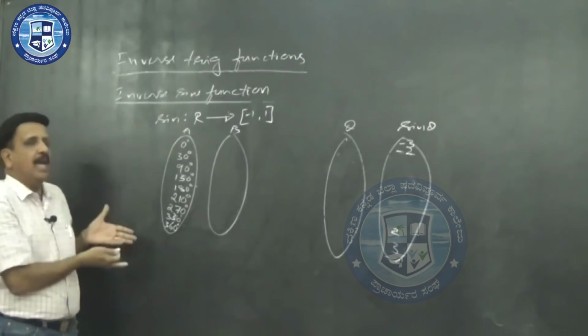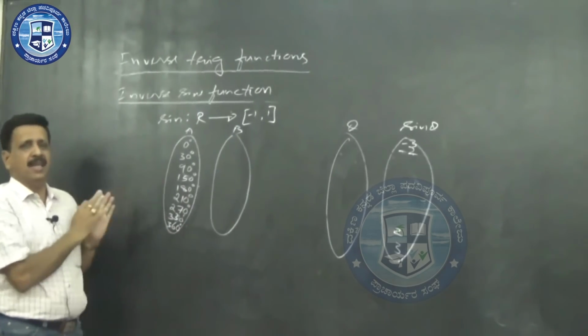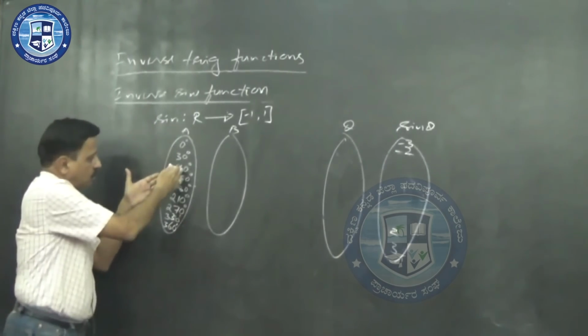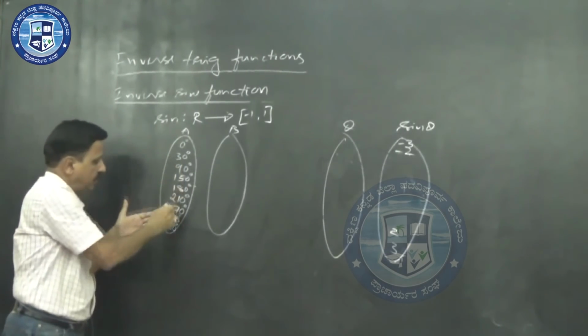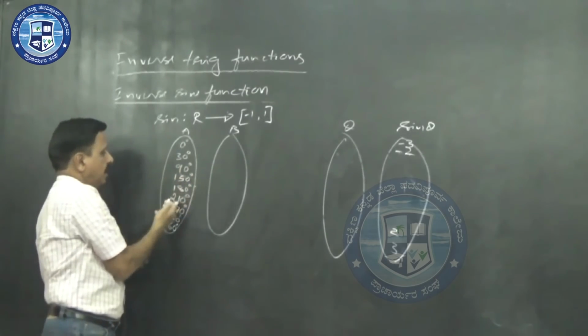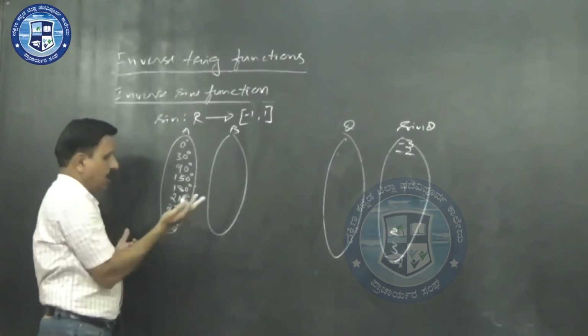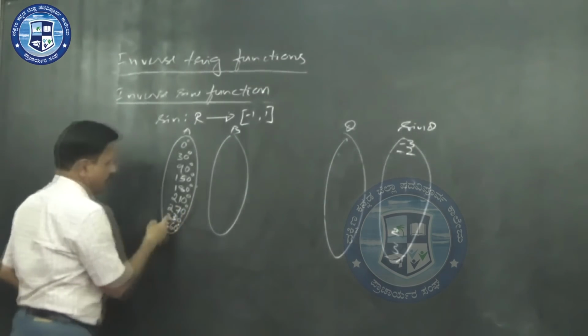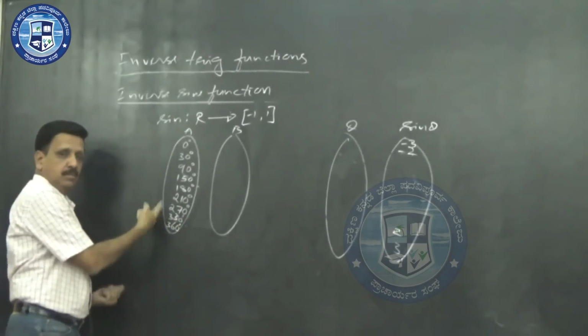No need to take so many angles, but not a problem. We have taken the extremities 0, 90, 180, 270, 360. 30 is in the first quadrant, 150 in the second, 210 in the third, and 330 in the fourth. Instead of 330, you can take -30 also.